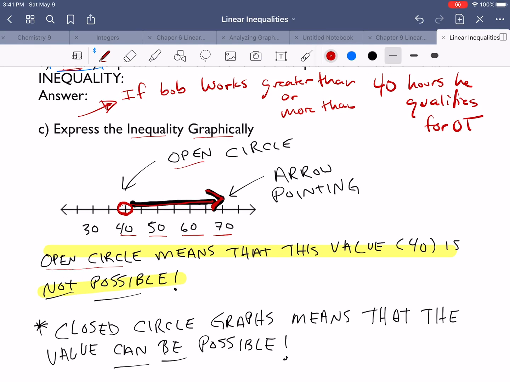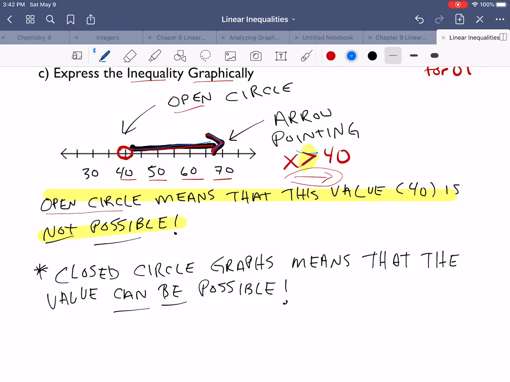If Bob works more than, which is the greater than sign, which I wrote right there, 40 hours, that results in an inequality. See the direction that this little thing is pointing? Your line actually points the same direction. Same direction, same direction. So it's kind of a cheat if that's something you have trouble with.